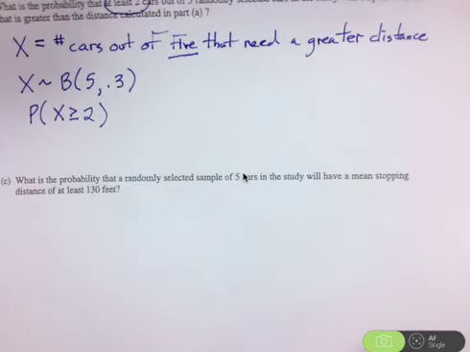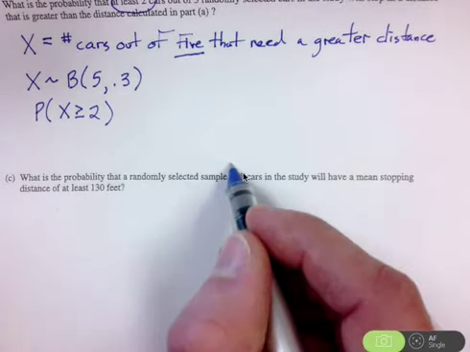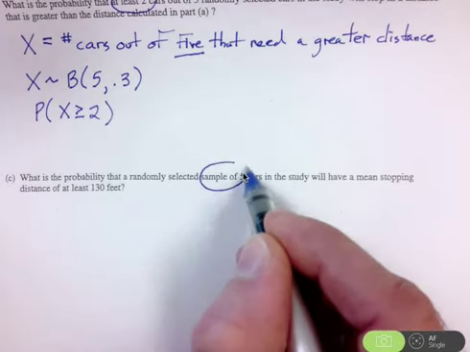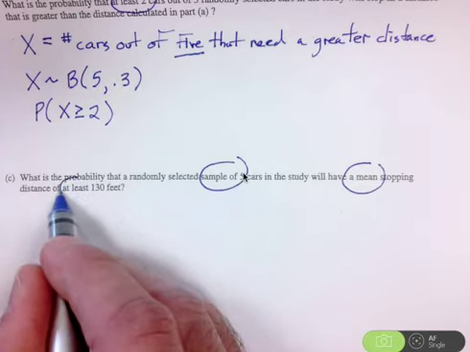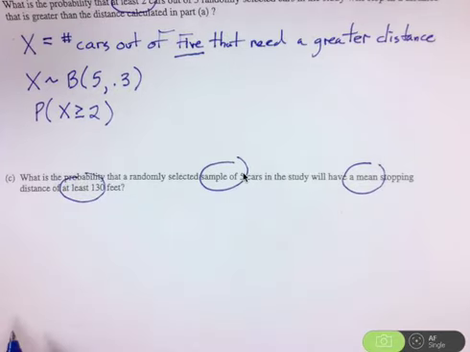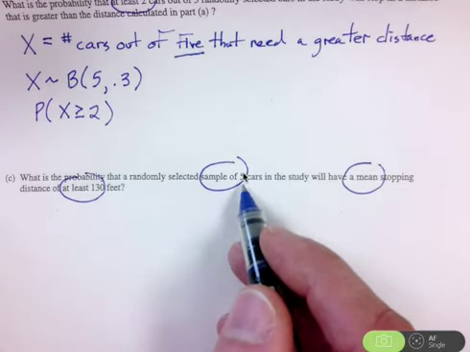And then question number 5. What is the probability that a randomly selected sample of 5 cars will have a mean stopping distance of at least 130 feet? So here, we're only using 5 cars, but the population is already approximately normally distributed.